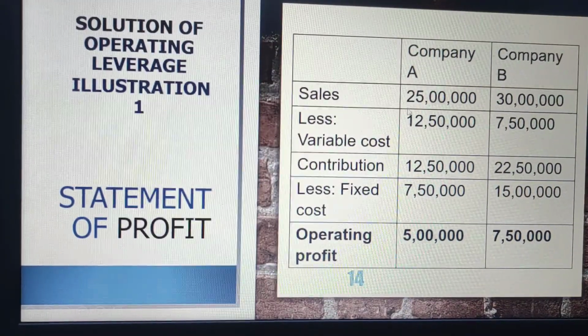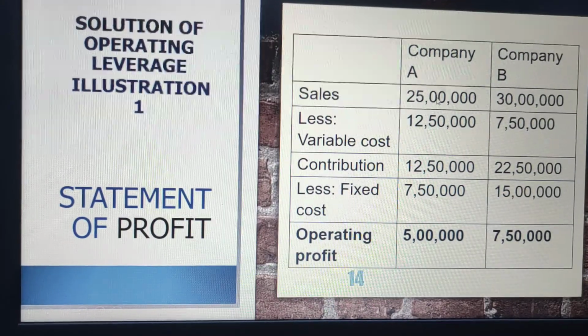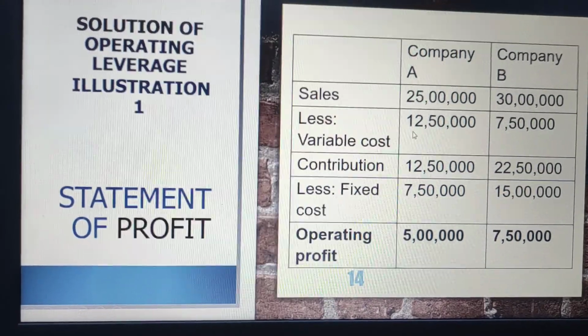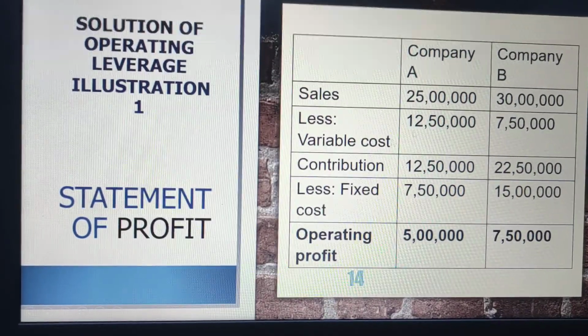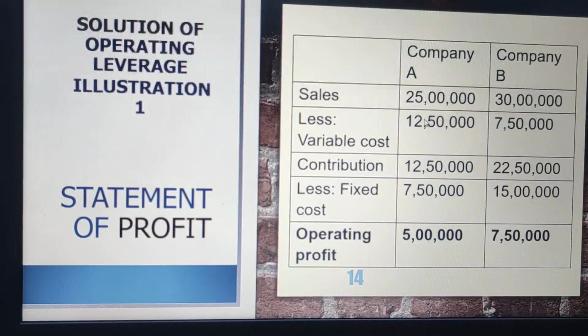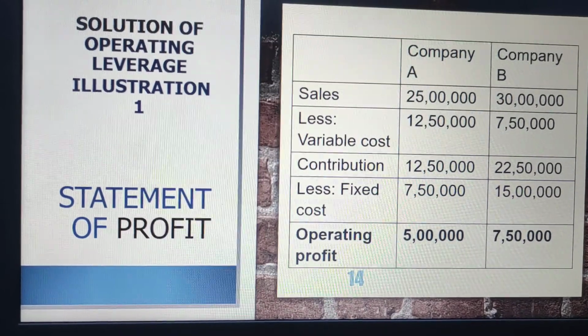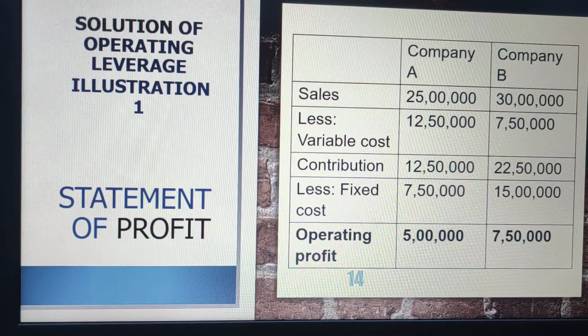We deduct 50% of sales as variable cost for company A, and 25% for B, and after deducting it, we get the contribution. Sales minus variable cost gives contribution, which comes out to be 12 lakh 50,000 in case of A, and in case of B it's 22 lakh 50,000.